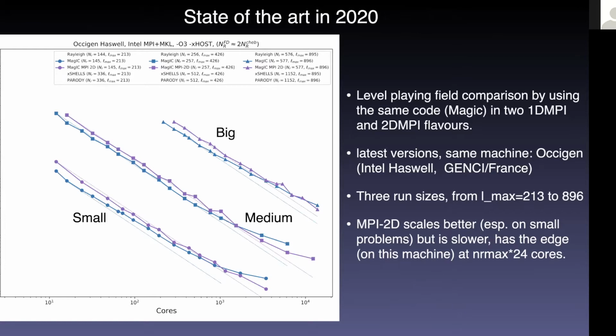You can see that MPI 2D scales better, especially on small problems, but is slower. There's an overhead that is intrinsic to this method. And MPI 2D has the edge on the max number of radial levels, 1024, so about 10^3 to 10^4 cores in this example.